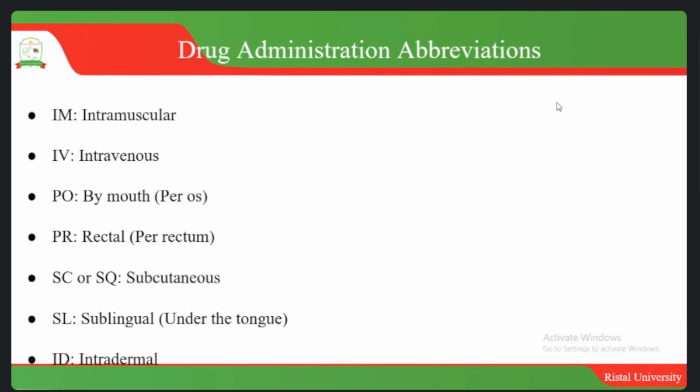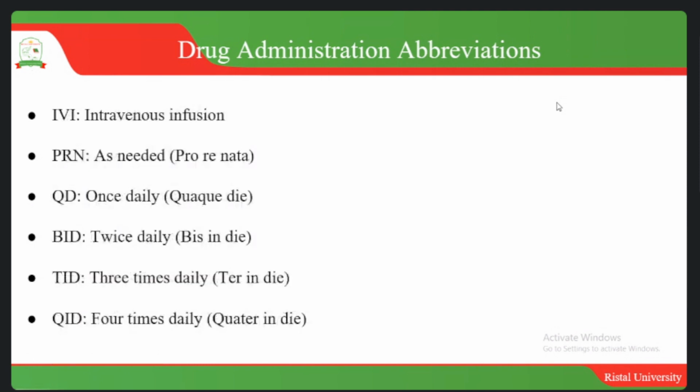Intradermal is just beneath the skin, and that is also one way of giving medications in relation to how they are absorbed in the body. Each drug is given in a different way in relation to how it can be absorbed easily into the body. Then IVI is intravenous infusion.